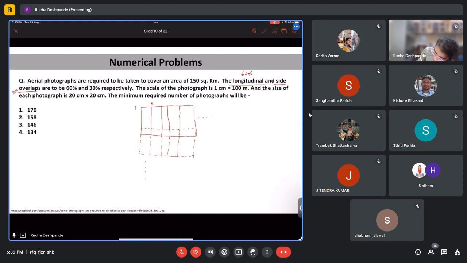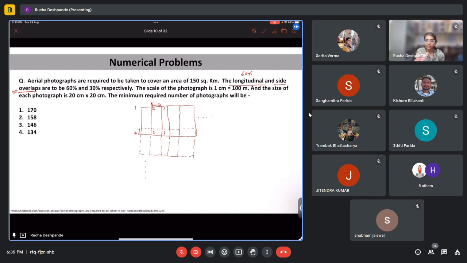So this is 1, 2, 3 and so on. This part is the overlap between these two adjacent photographs, and this is the side overlap.